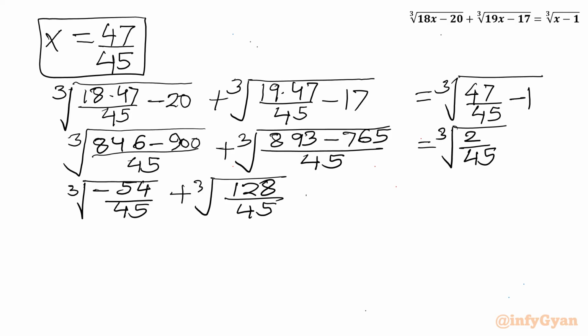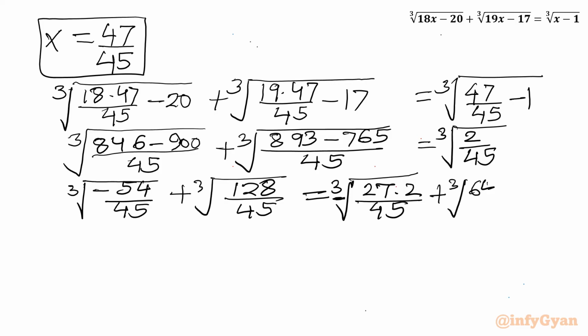Right hand side we will cross examine. Now 54 I can write as 27 times 2. So it would be, let me write here, negative will be outside, 27 times 2 divided by 45, plus cube root of 128, which can be written as 64 times 2 over 45. Now cube root of 27 would be 3, so I will write 3 outside with a negative sign, and then cube root 2 over 45.